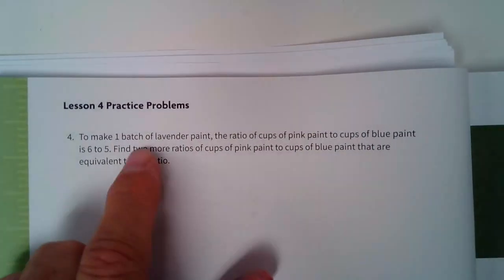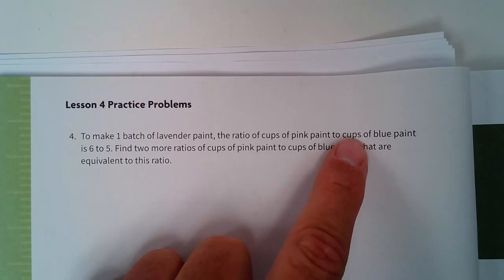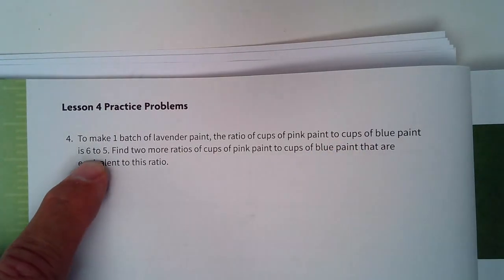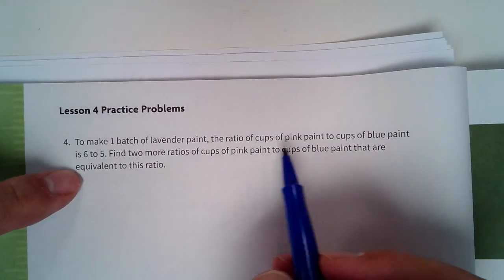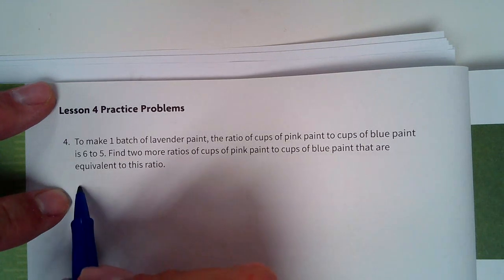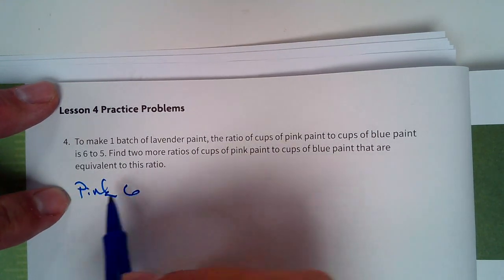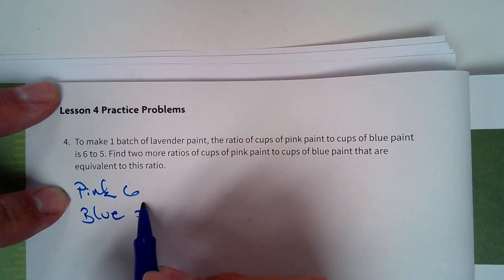Let's look at number 4 here on page 40. To make one batch of lavender paint, the ratio of cups of pink paint to cups of blue paint is 6:5. When I get problems like this, it helps me to write it down. Ratio of pink paint: pink is 6, and blue is 5.